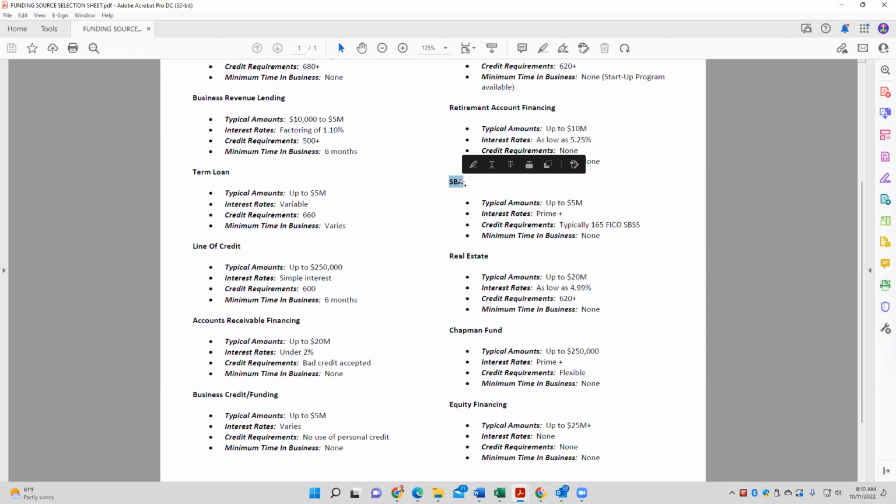But what we did want to give you each is a reference sheet that could be used as a talking point to help move your prospects forward. So in general, the SBA will guarantee loans up to around 5 million. Is it possible to get an SBA guaranteed loan above 5 million?